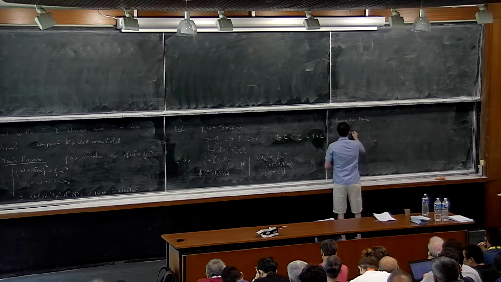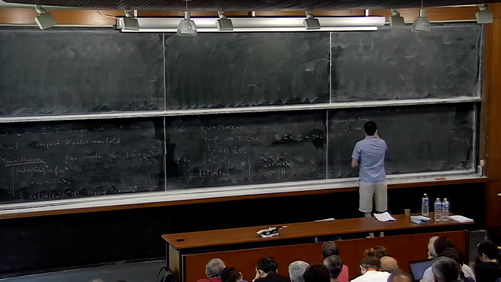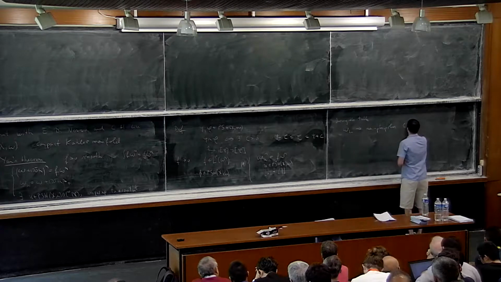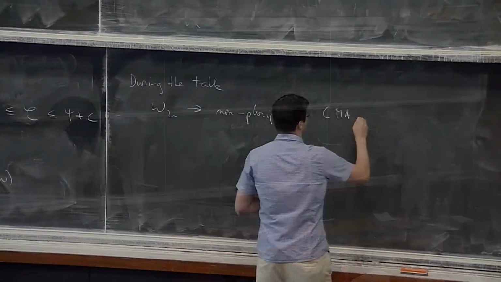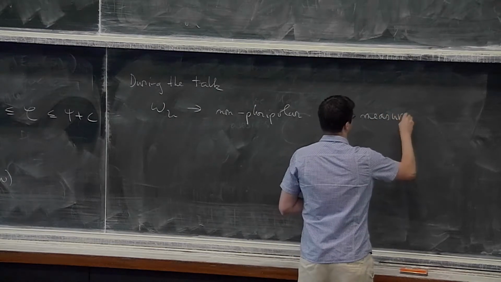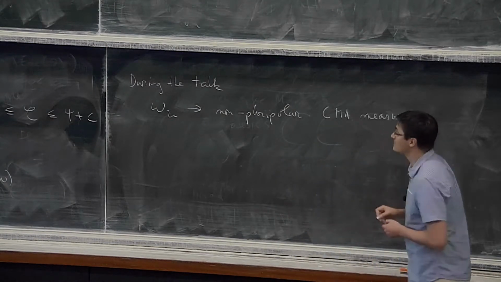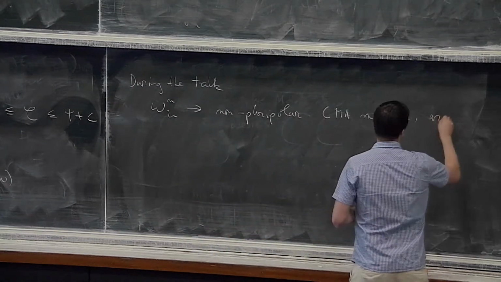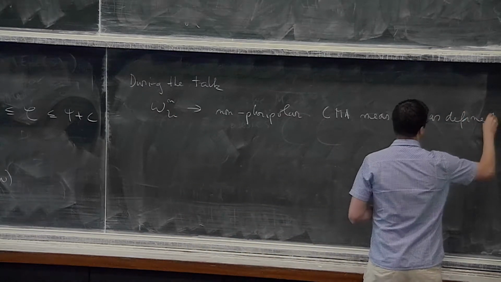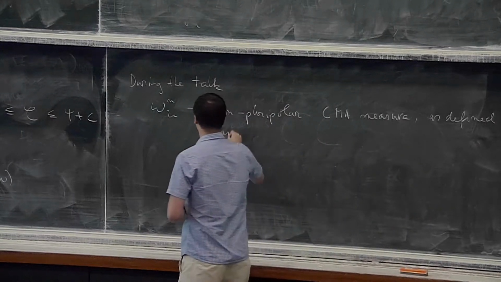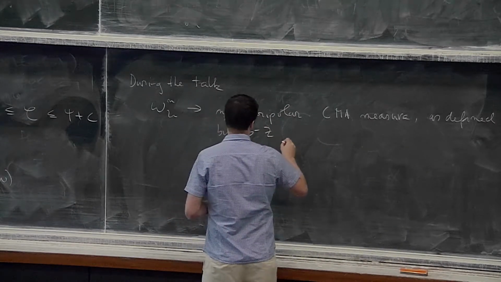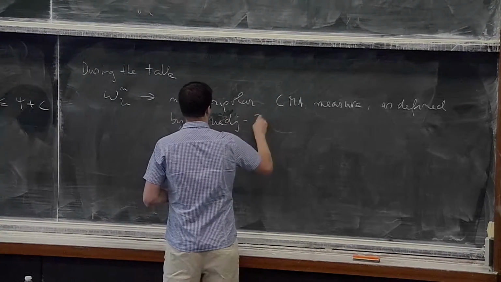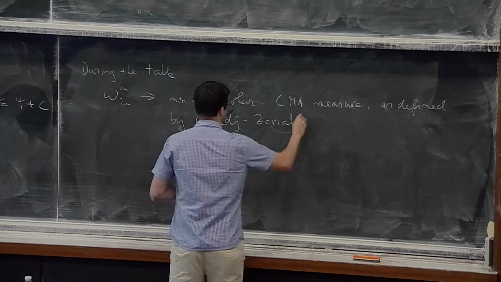So omega u is the pluripolar complex Monge-Ampère measure, as defined by Guedj-Zeriahi, I believe in 2006.